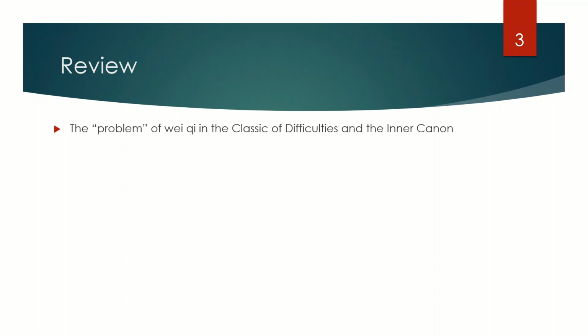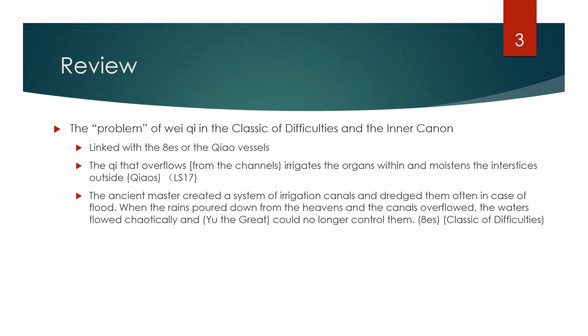And then in the second half of the lecture, I got into the specific vision of the Qiao vessels as they appear in the Classic of Difficulties and the Inner Canon. And so that vision involves what I call the problem of Wei Qi in the Classic of Difficulties and the Inner Canon.